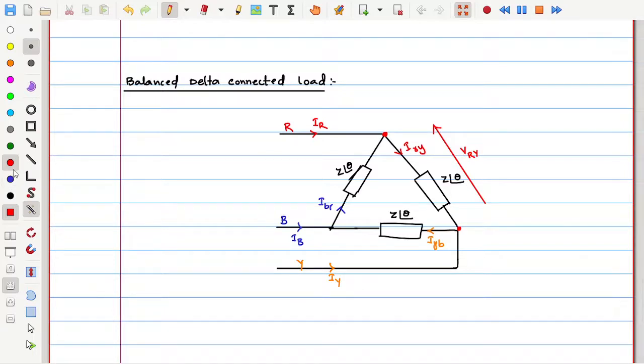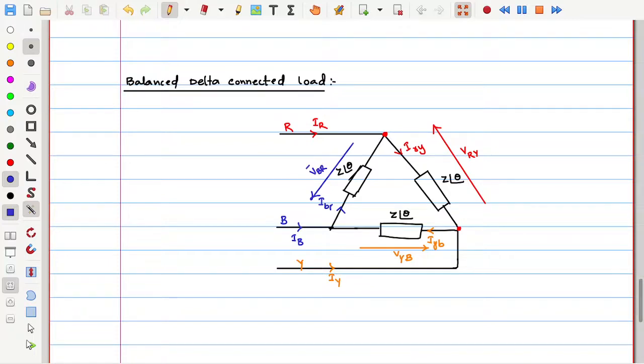Next is VYB. Next is this phase voltage VBR. These are the phase voltages.